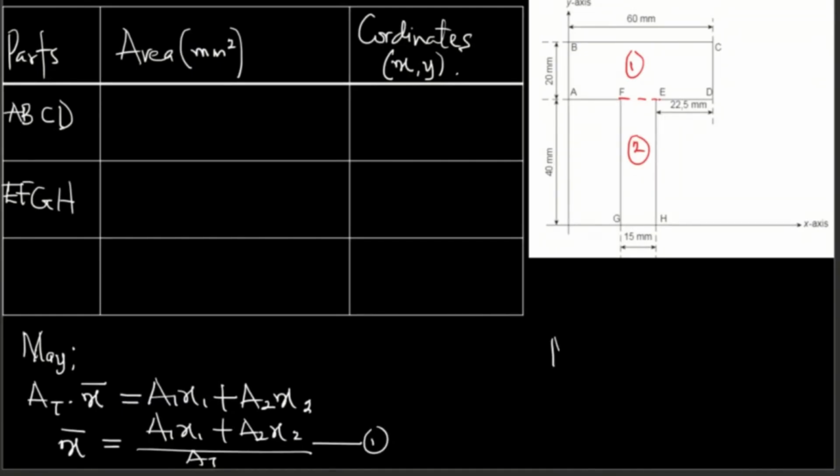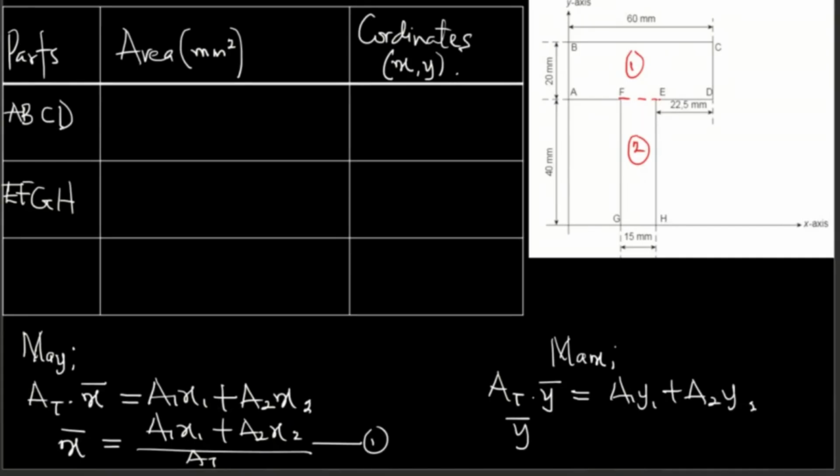You're also going to determine the moment of area about x. If x is the axis of rotation, the distance is going to be the y. So this is going to be the total area multiplied by y bar equals a1 y1 plus a2 y2, because we have two parts.